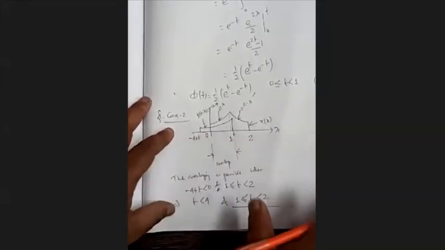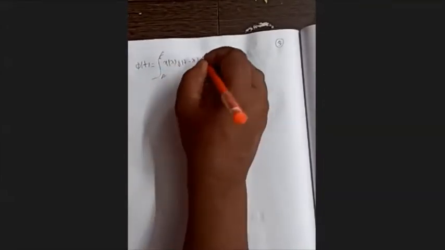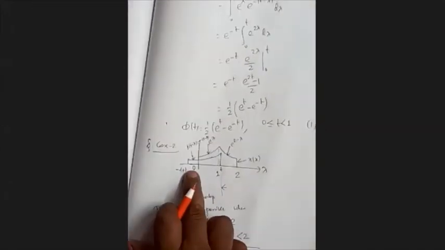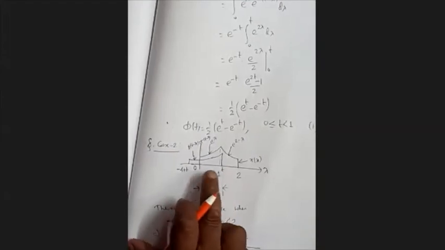Now I write it in the next page. Number 3. So phi t, our first expression is as usual. You may write, may not write, it really does not matter. Our integration will be between 0 to t here also.